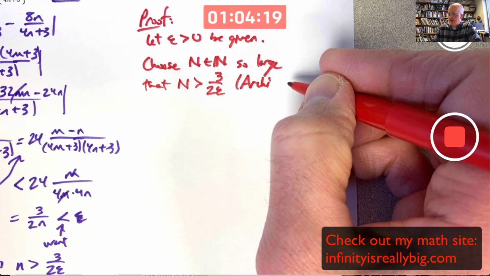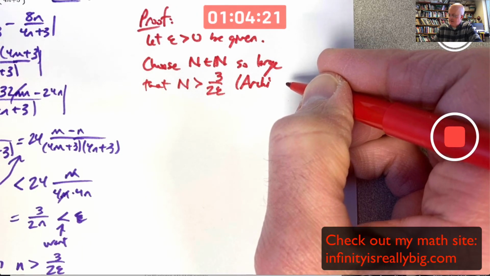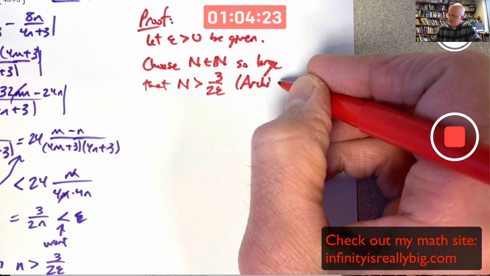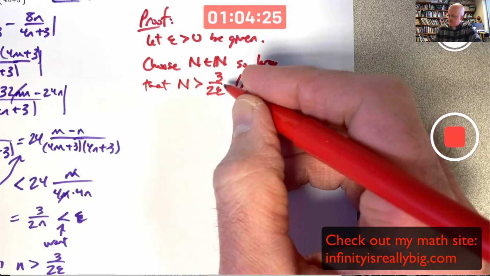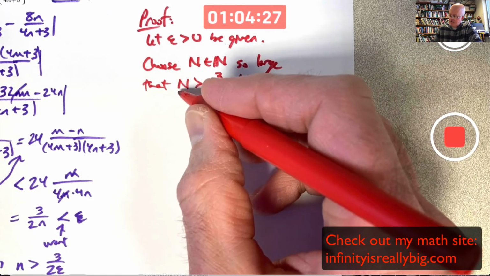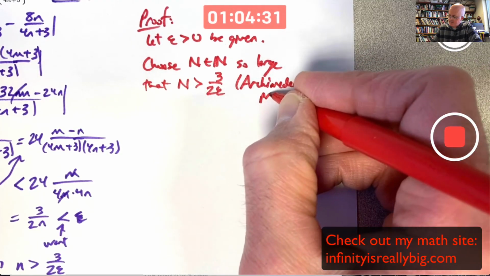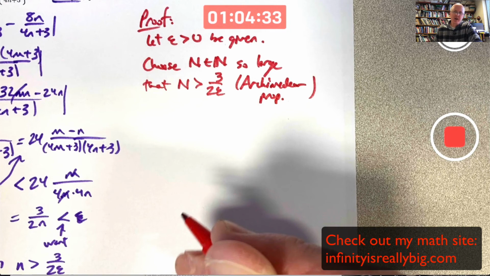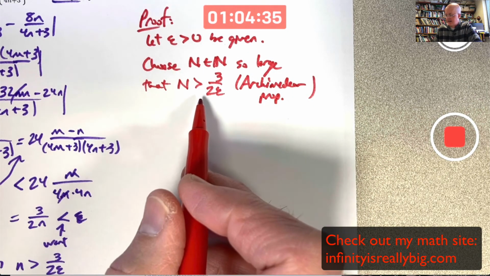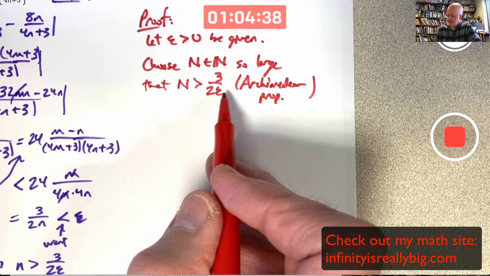Well, the integers are not bounded above, and yeah, this is not going to be an upper bound for the integers. There's some integer greater than that. Archimedean property. If you want to be a bit more specific, you could say let N be the ceiling function applied to this thing.